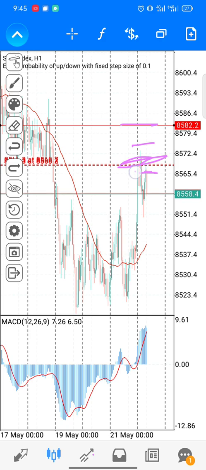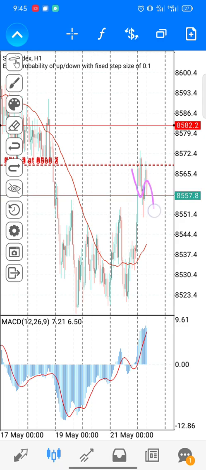Look at it, the market is now forming a downtrend since it has come from an upside. Let me clear this. The market came from up, forming a lower high and lower low movement. So you can see it's still selling. Where is the target for this trade?